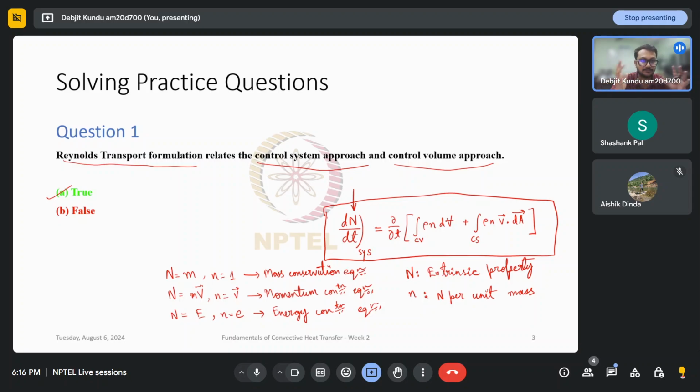But in any configuration where I have something flowing, which is very common in the convective heat transfer context, we need the control volume approach, which is where this Reynolds transport theorem comes in and helps us convert these laws from the system formulation to the control volume formulation. Any questions on this?